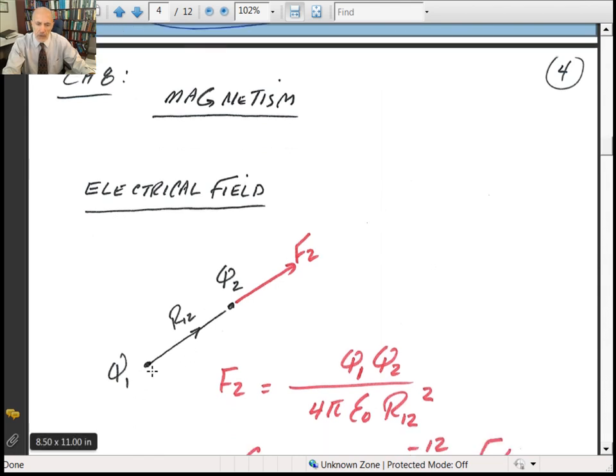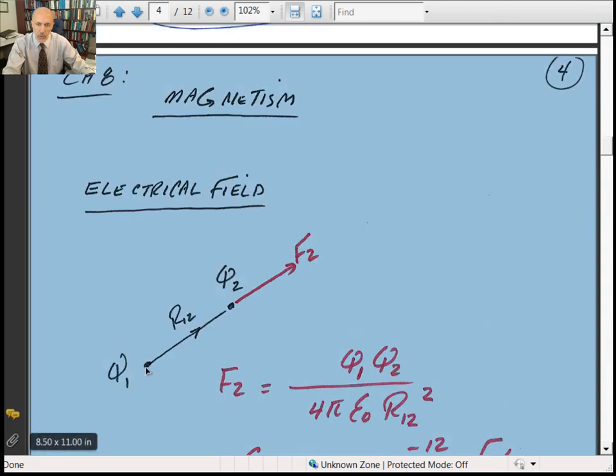If you have a charge Q1 and Q2 at point 1 and 2, it is very similar to the gravitational force. If you got two masses, M1 and M2, there's a gravitational force between the two, just like a solar system. There's a gravitational force between the sun and the Earth.